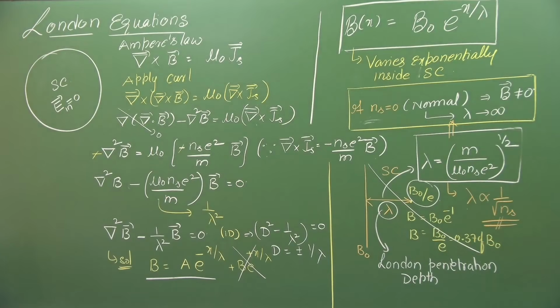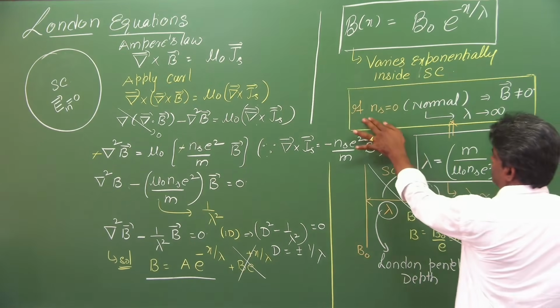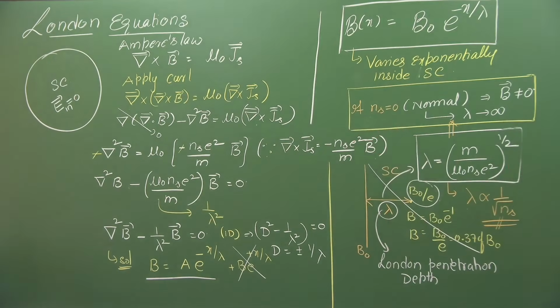Don't simply copy; you know Ampere's law, everything you know, just substitute and you will get a differential equation. I am not giving any definition, if you are interested. London penetration depth means the distance inside the superconductor at which the magnetic field amplitude becomes 1 by e times the initial amplitude.